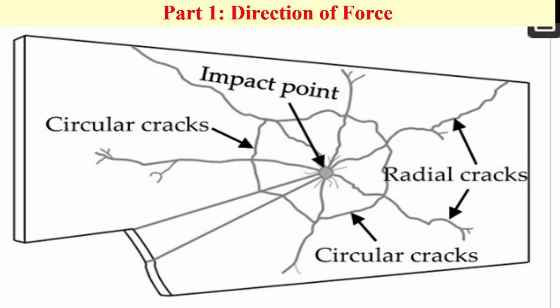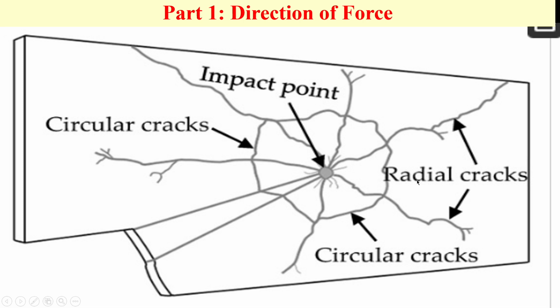In this situation, first we have to determine the nature of the cracks. When any impact is applied on the glass, it breaks in a pattern. If we see the pattern, two types of cracks are observed in the glass.